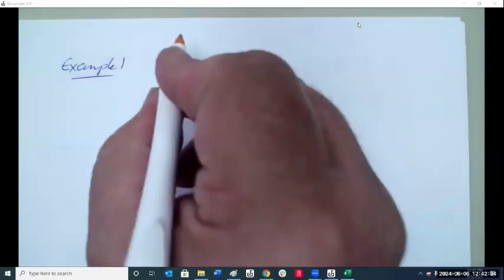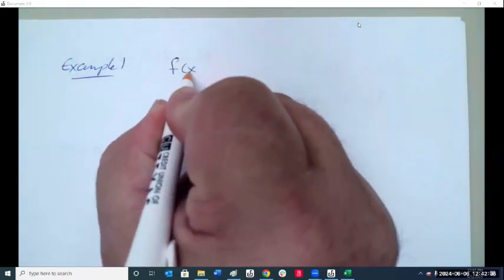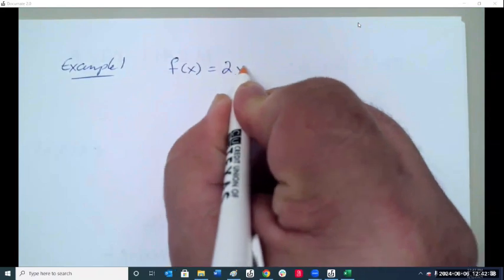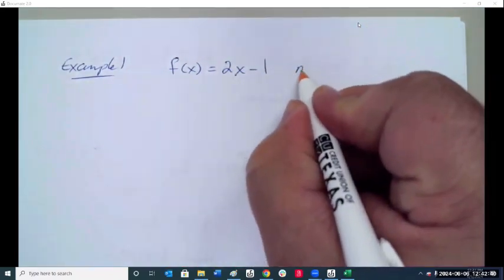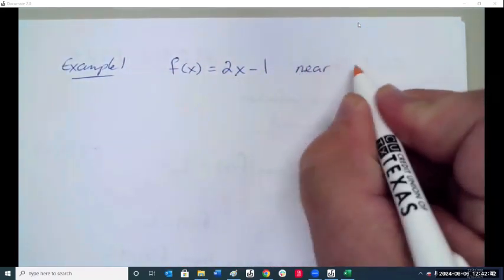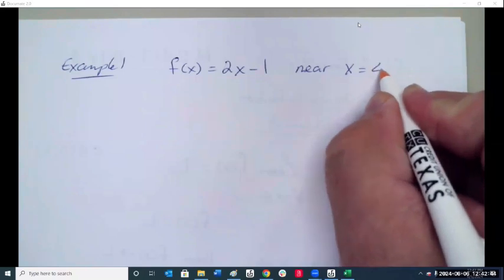Let's look at example 1 and work it out. Let's see what this looks like mathematically. Example 1 says this: consider the function f of x equals 2x minus 1 near x equals 4.